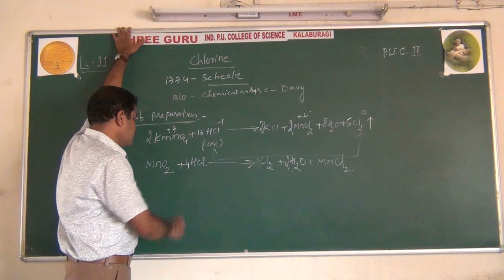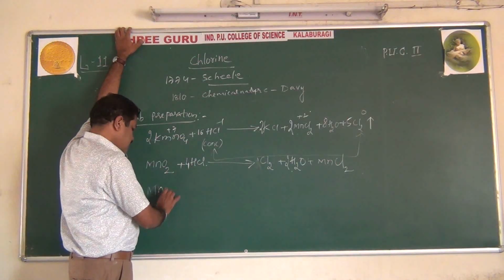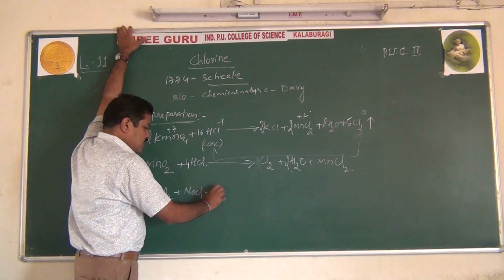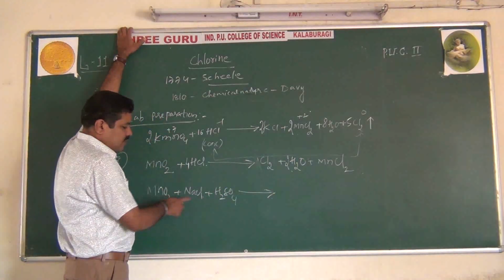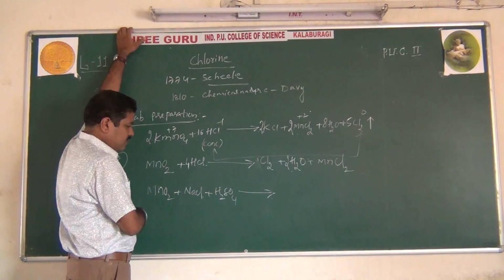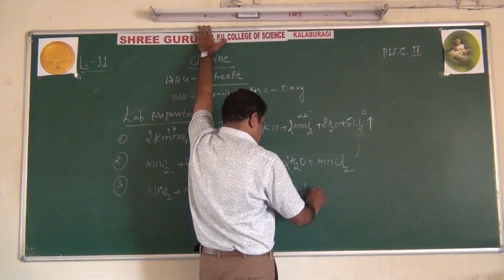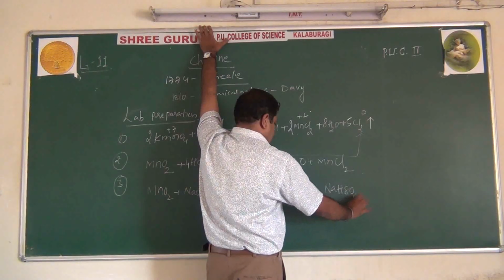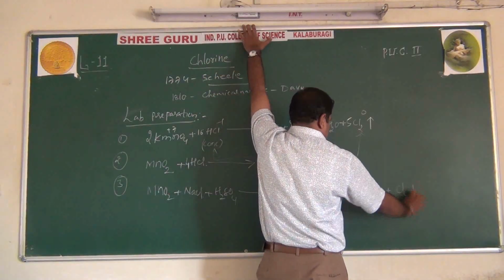Not only this, even third, if you take MnO2 with, instead of HCl, a mineral acid, sulfuric acid, you need sodium chloride, because our main aim is to get chlorine. The salt you have to get here directly by oxidation. That means here this will get converted once again into MnCl2 plus sodium bisulfate NaHSO4, along with water and chlorine gas.